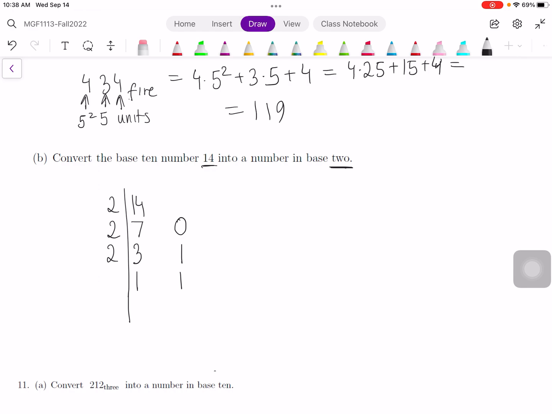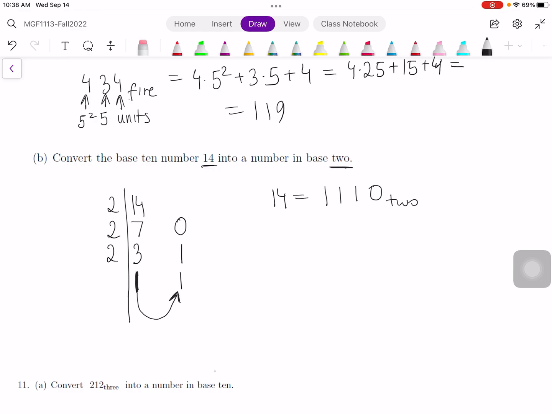Subtract that from 3, and what still remains is 1. And of course, this is smaller than 2, so you cannot fit 2 in it. So you have your number, just bring it up. So the number 14 converted into base 2 would be 1110. That number goes first, and then the rest follow.